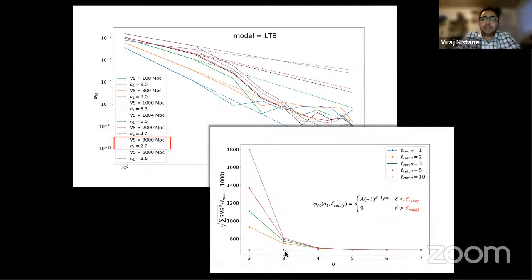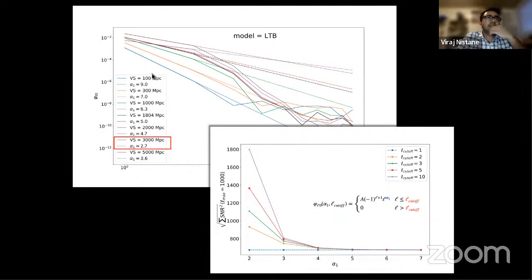So the blue dotted line is the case for L cutoff of 1. Then if we increase the L cutoff, we have increasing signal to noise for a given slope of the phi L0 function. And now we come to the lowest slope of this plot.